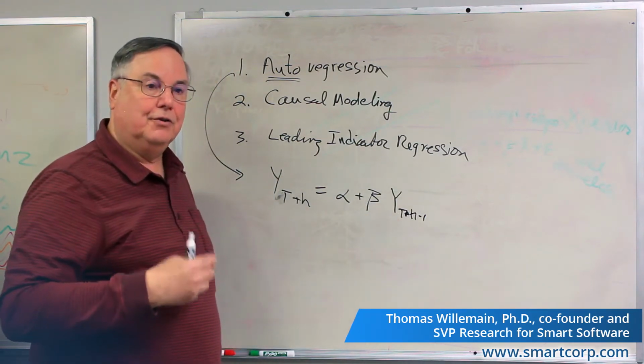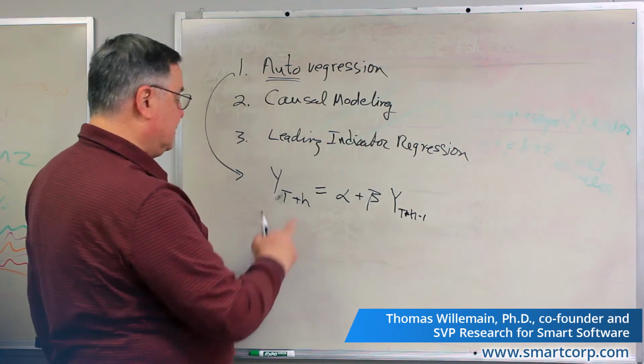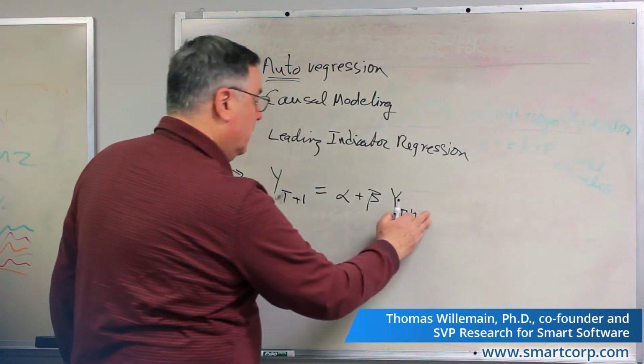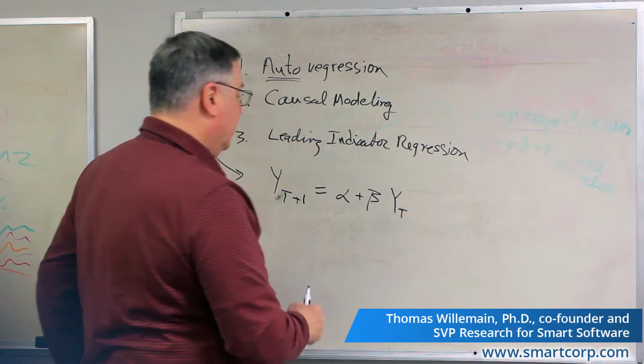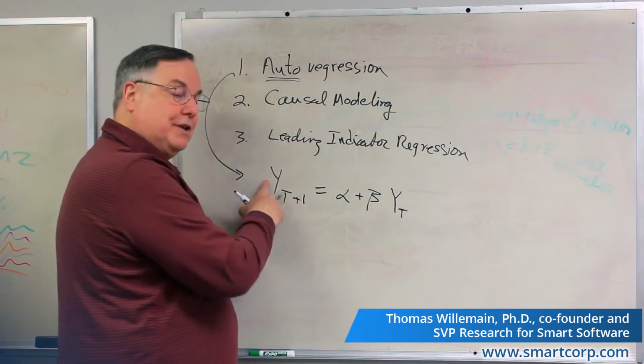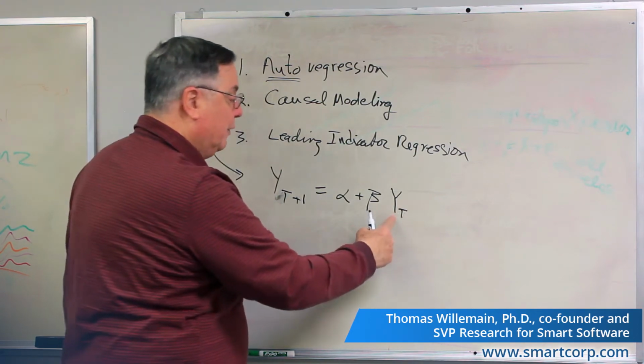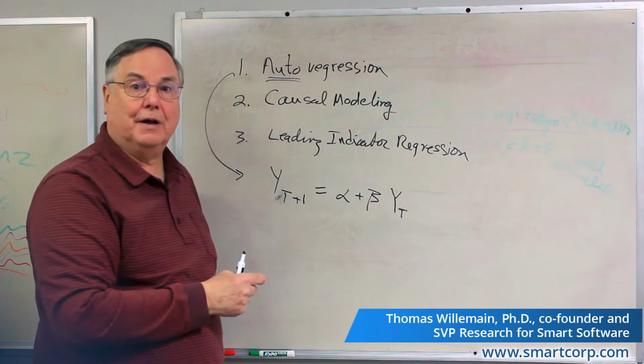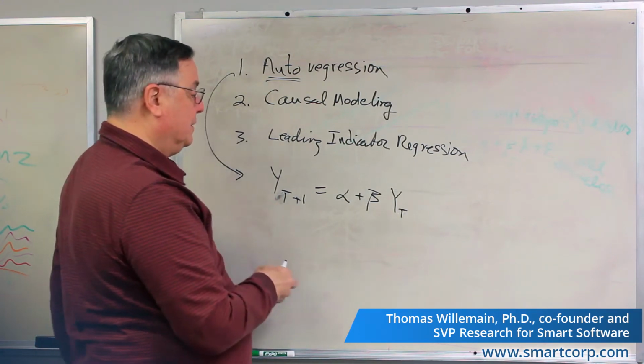And to show how this would really work in practice, we would start by going 1 period ahead, and that would mean we want to predict next month's y from the current observed value of y. This is known. It doesn't have to be forecasted. This is being forecasted.